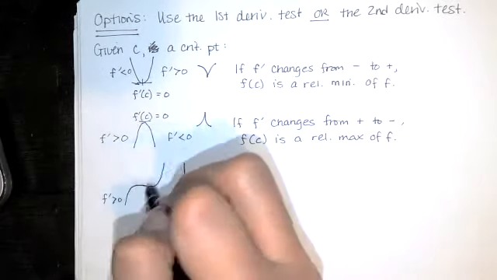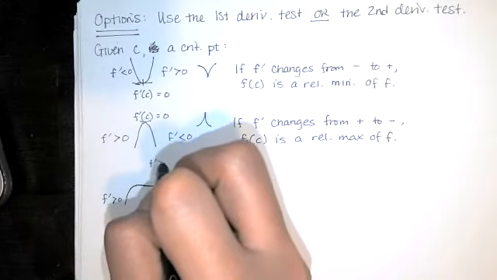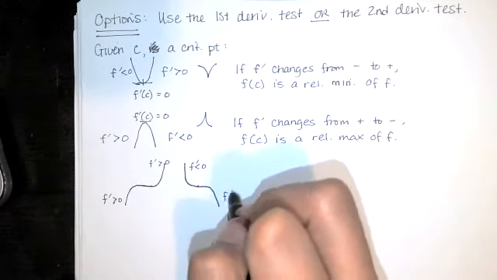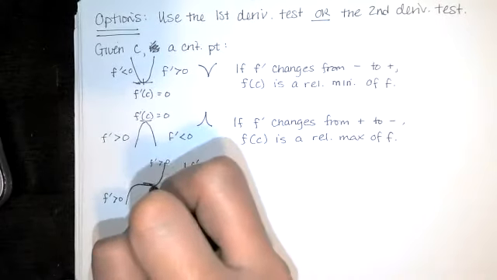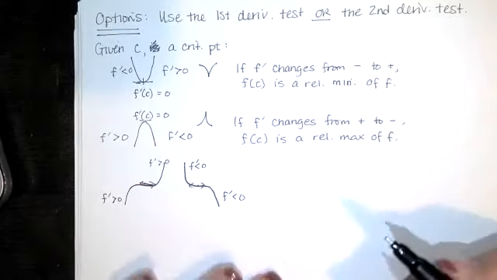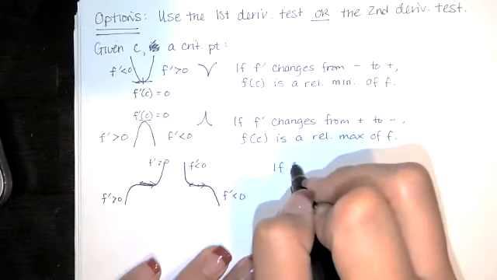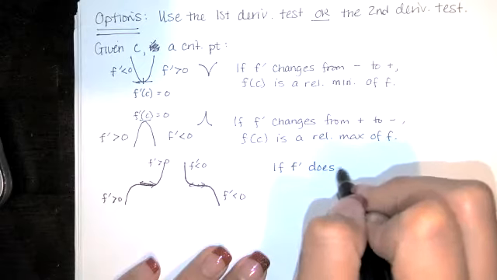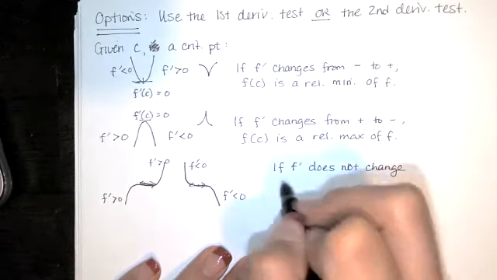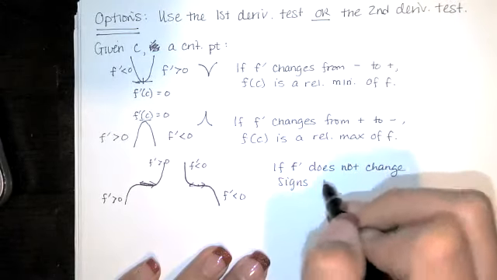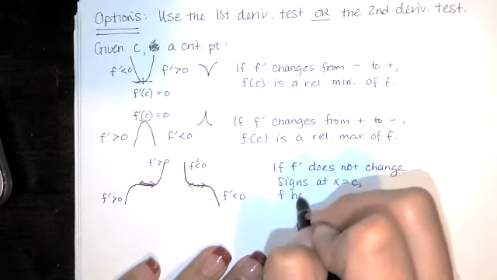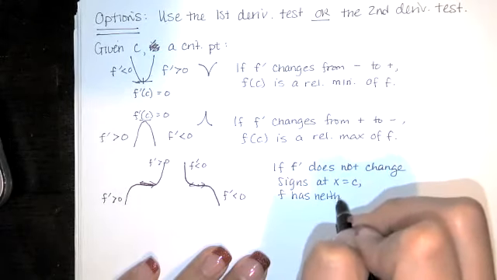So f prime is positive, then 0, then positive, or f prime is negative, then 0, then negative. Then that point where the slope is 0 is not a minimum or a maximum. So if f prime does not change signs at x equals c, f has neither a min nor a maximum.